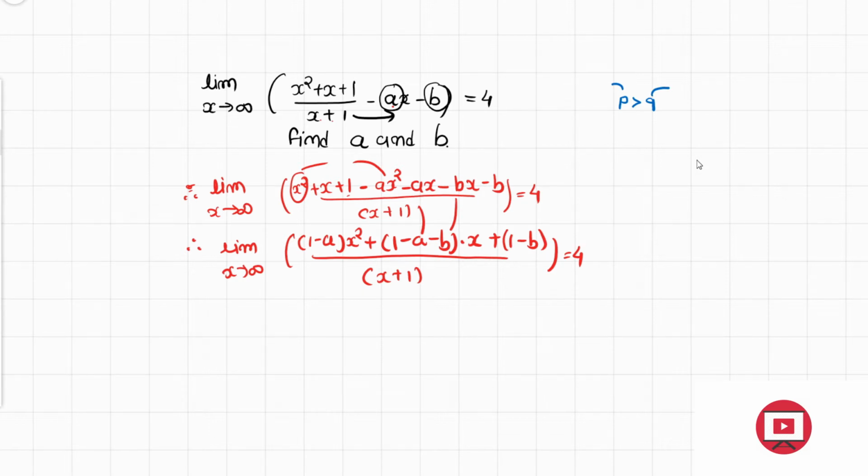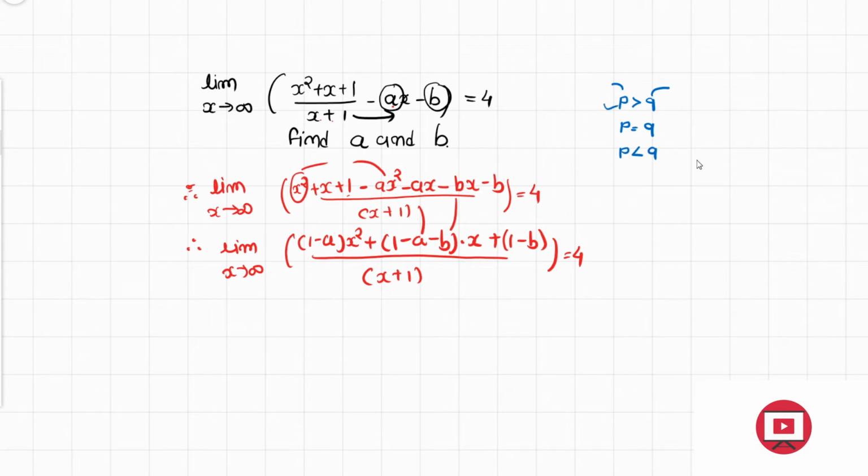The conditions are p greater than q, or p is equal to q, where the power of denominator and the numerator is equal, and the third condition is power of numerator is less than the power of denominator. In this case, what can be the answers?